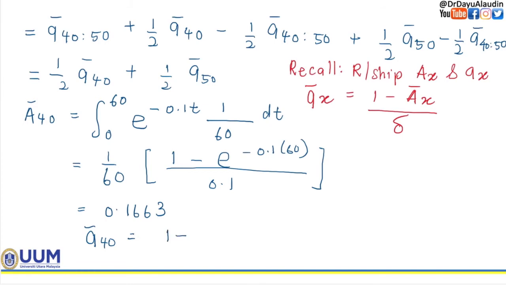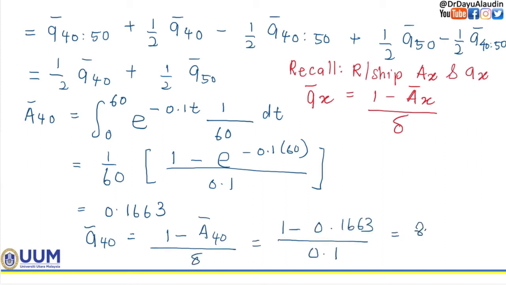One minus A40 over delta, and the answer is 8.337.